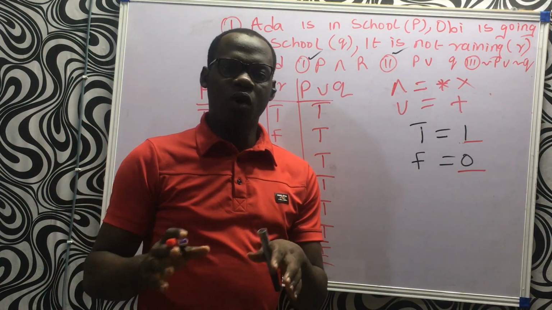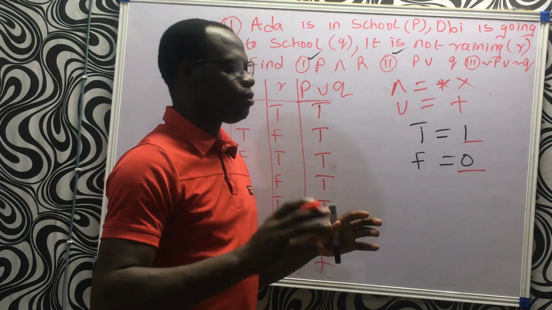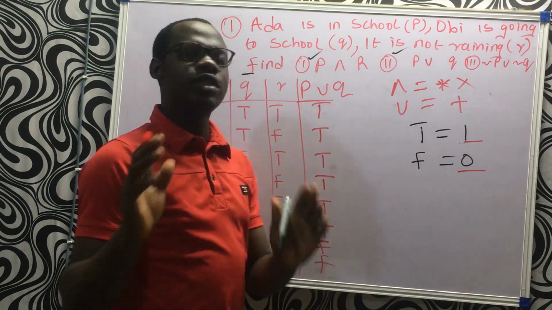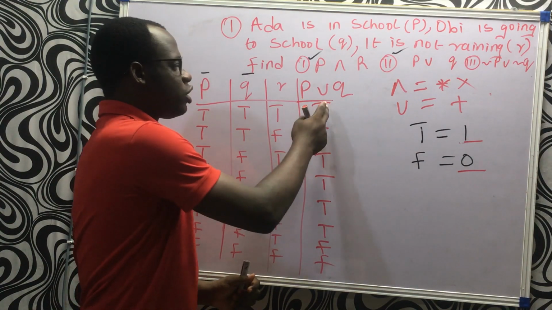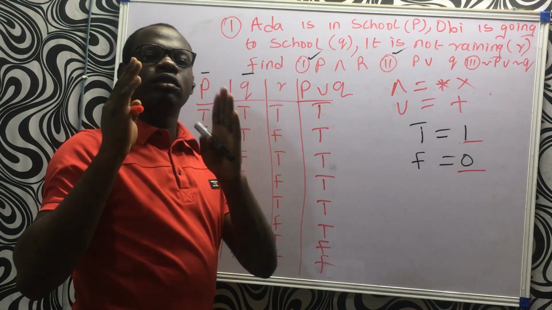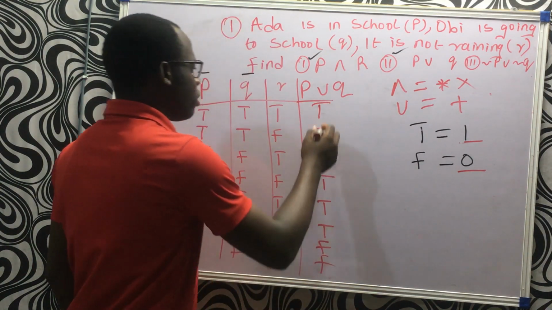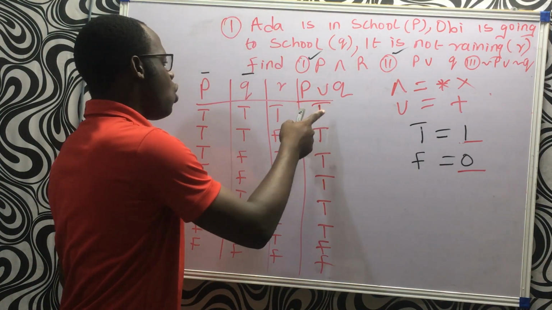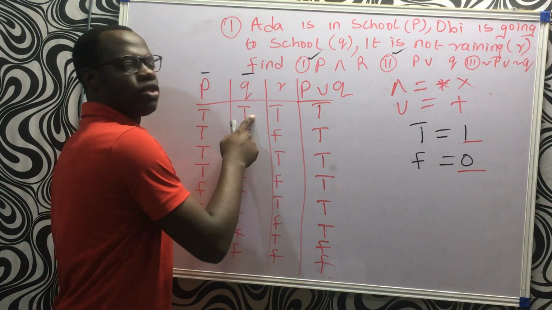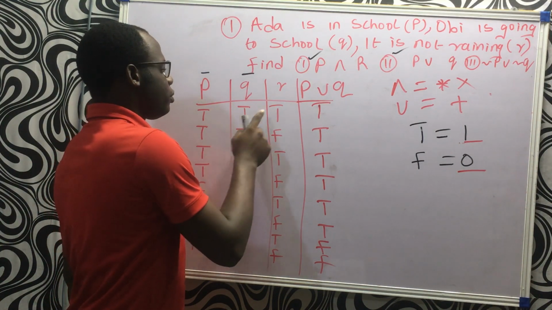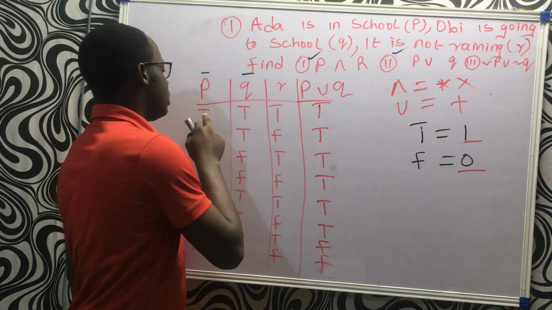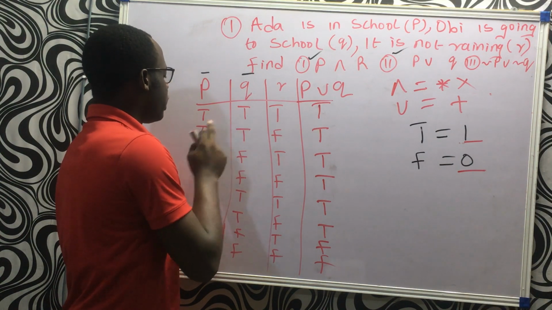Now, the law of OR logic also says that the output is true when any of the inputs is true. We have true here because this is true and true. We have true here, true here.